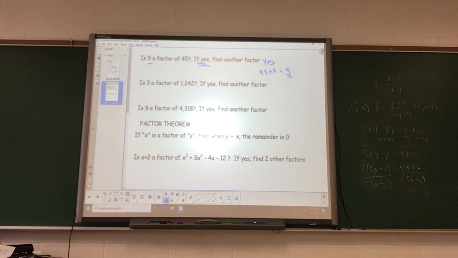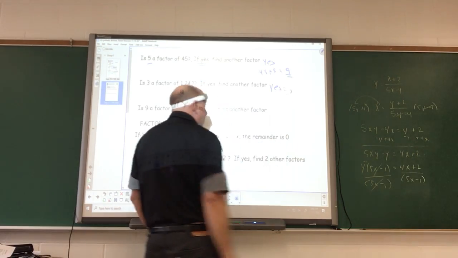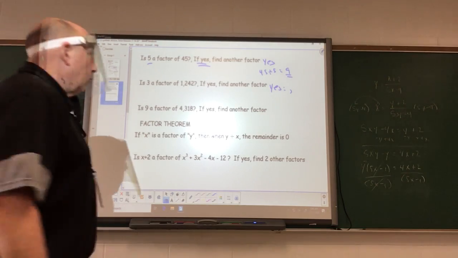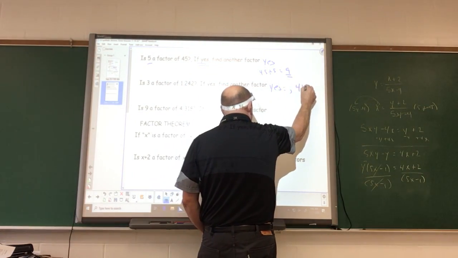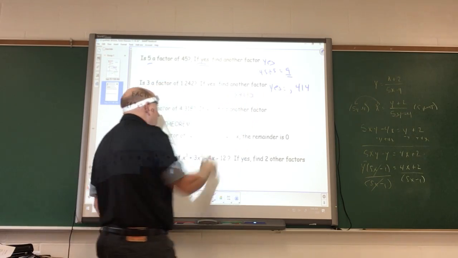If you add all the digits up and that number is divisible by 3 or 9, then 3 or 9 will go into it. So if I add 1 plus 2 plus 4 plus 2, that gives me 3, 7, 8, 9. So yes, it is. Now you may have to use your calculator to find your other factor. What's your other factor, Brooke? 414. So you took 1,242 divided by 3, and it came down to 414.